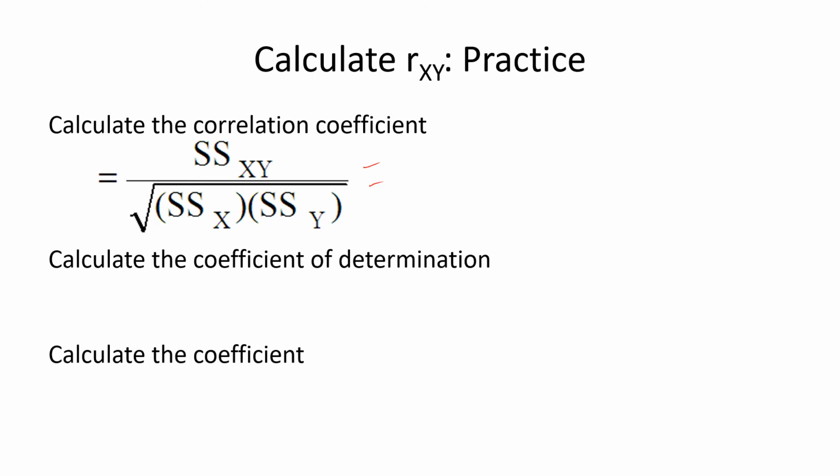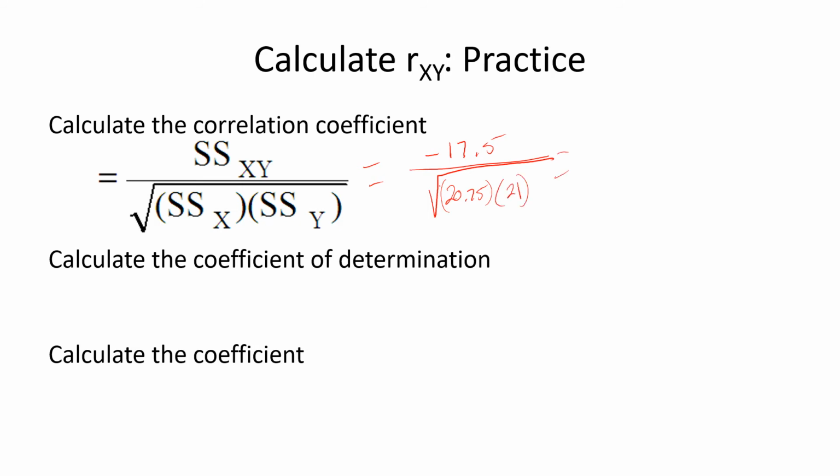We had a sum of cross products of negative 17.5, a sum of squares x of 20.75, and a sum of squares y of 21.